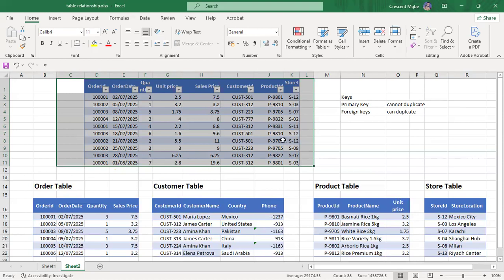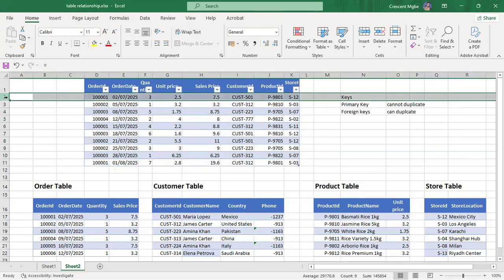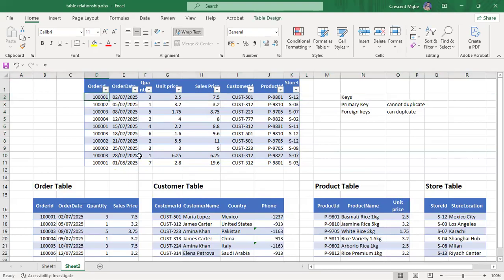The reason it contains the foreign key is because there's a repetition. What does this mean? This is the first order that was placed, right? It was placed by Maria Lopez, right? Now, if we come down here and still see this order, it means that this same order was placed again by the same customer.